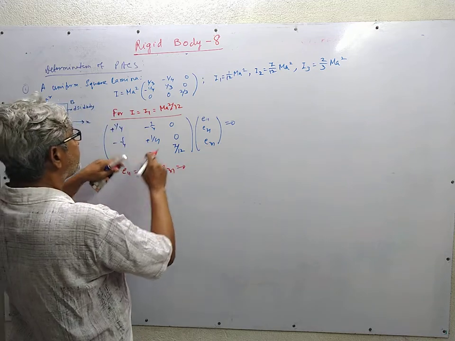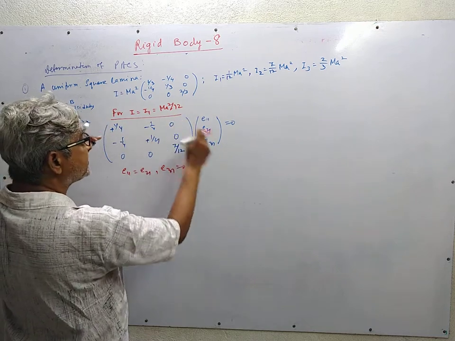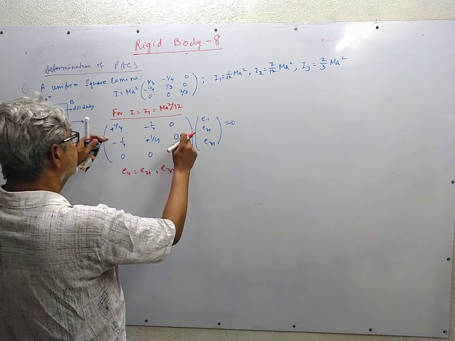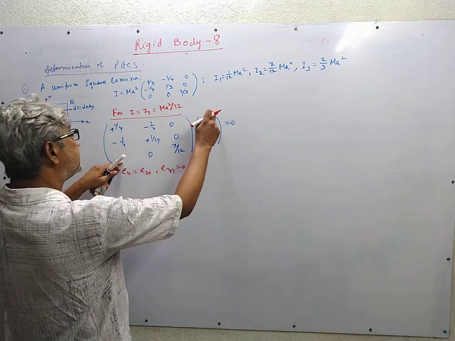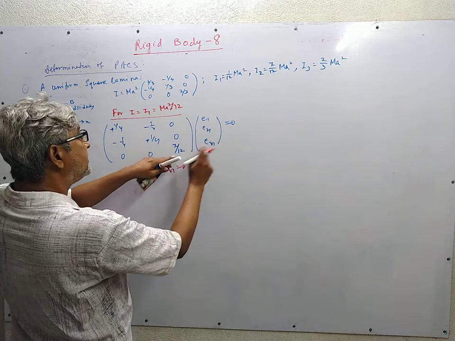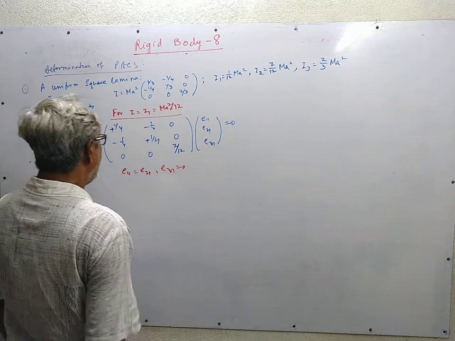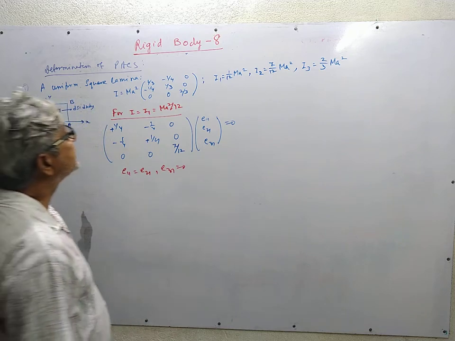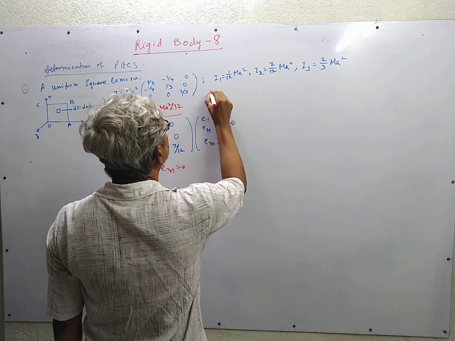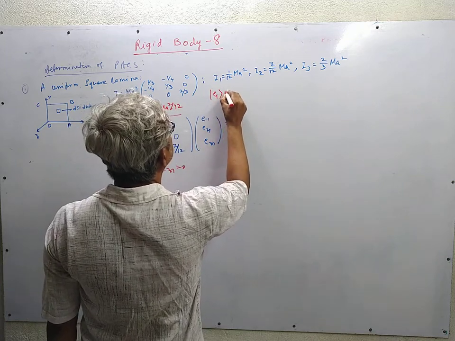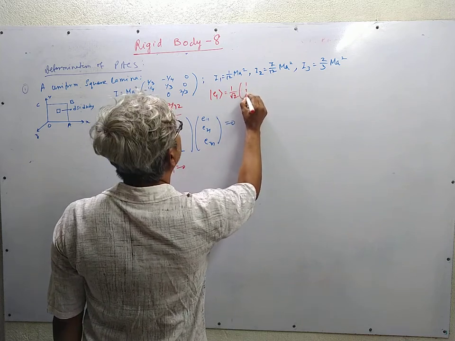Because in the first equation E31 is multiplied by 0, in the second equation it is multiplied by 0, and in the third equation, the terms are multiplied by 0 with the right hand side 0. So E31 is 0, and the normalized eigenvector E1 is simply 1 over root 2 times 1, minus 1, 0.